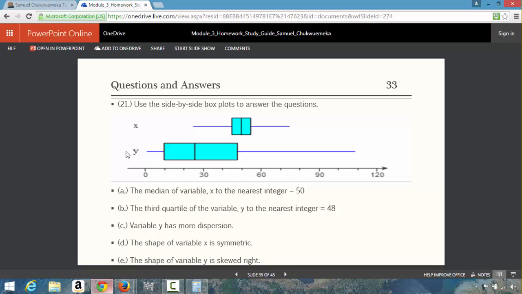In Y, we say it is skewed right. How do I know? First of all, the easiest way to know is this. Assuming you're doing that distribution, if you draw a normal plot here, you see the tail end of that plot is like here, kind of skewed right, just like we did in the histogram.